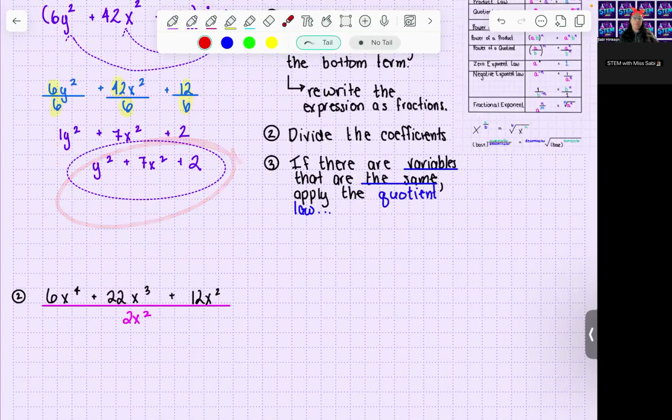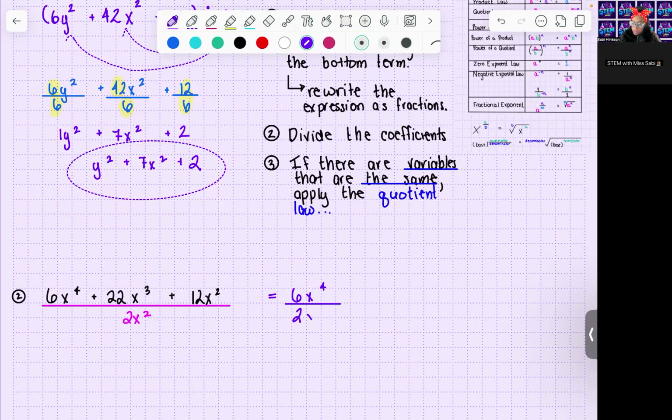Now, you'll notice that in the second example, it's already written as a fraction, but now I'm going to distribute everything. So I'm going to write 6x to the power of 4 divided by 2x squared. So everything is going to be divided by that 2x squared. 22x cubed divided by 2x squared. And then I have 12x squared divided by 2x squared.